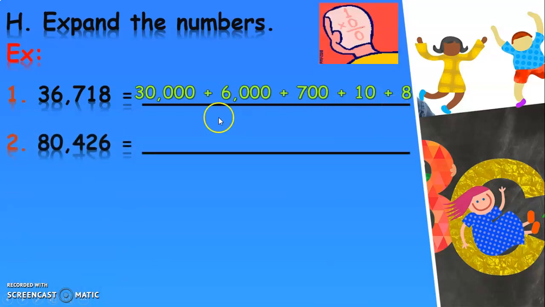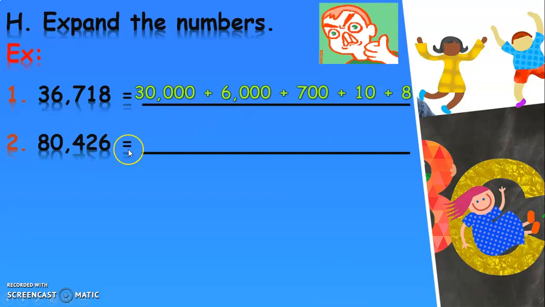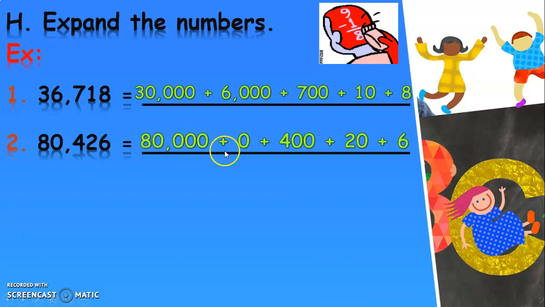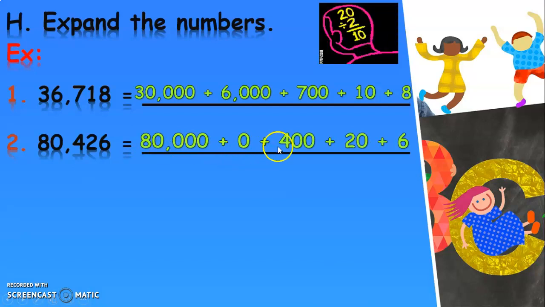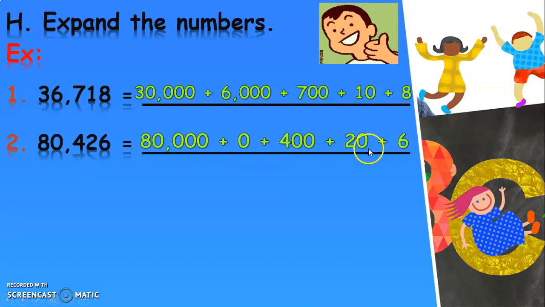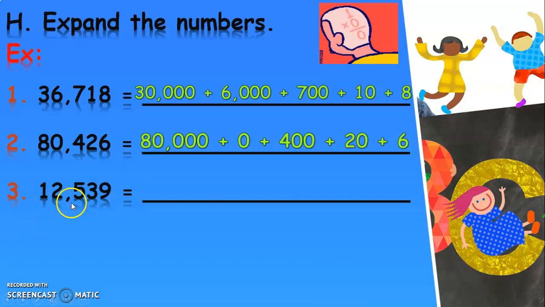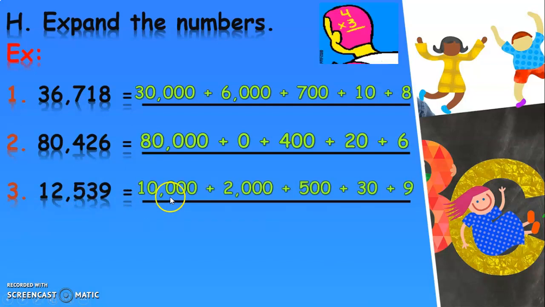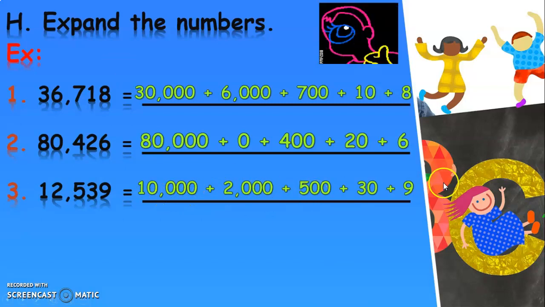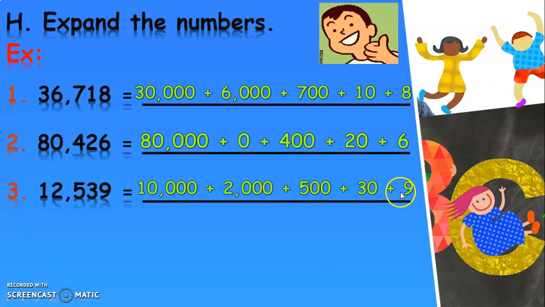For number 2, we have 80,426 equals 80,000 plus 0 plus 400 plus 20 plus 6. For number 3, 12,539 equals 10,000 plus 2,000 plus 500 plus 30 plus 9.